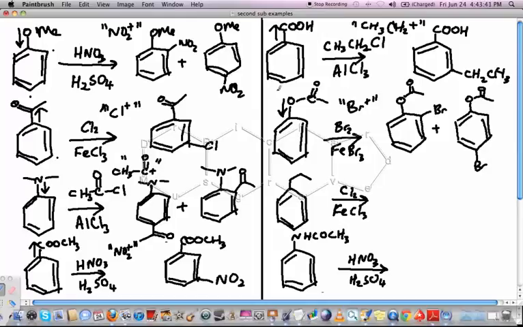So again, just reiterating, we're only interested in the atom directly attached to the aromatic ring. That's going to tell us whether it's activating or deactivating. Don't worry about the rest of the group. On this one, we've got an alkyl group, and alkyl groups tend to be activating due to hyperconjugation.